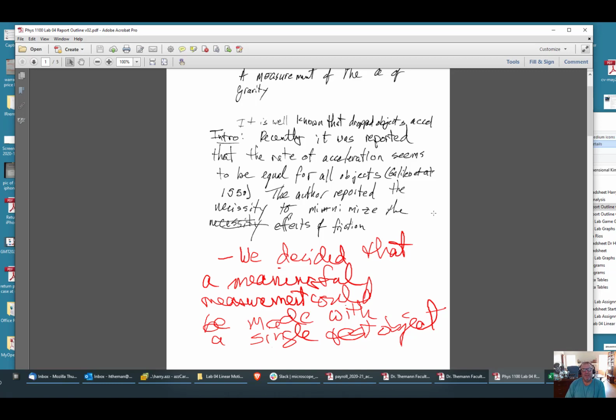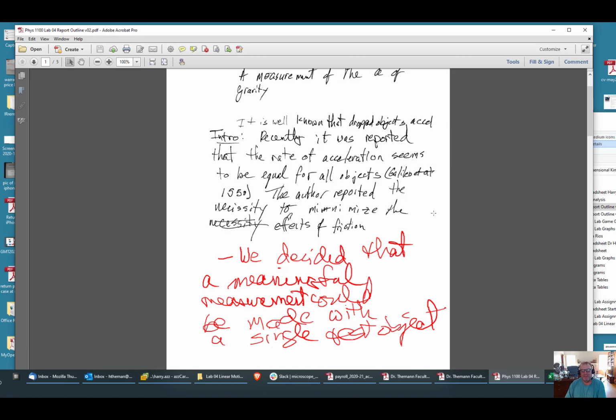Then we go on and say, recently it was reported that the rate of acceleration seems to be equal for all objects. That's where we had the whimsical quote, Galileo. I originally put "Galileo et al.," but I don't remember if he had collaborators. I doubt it. I think he just reported it on his own.